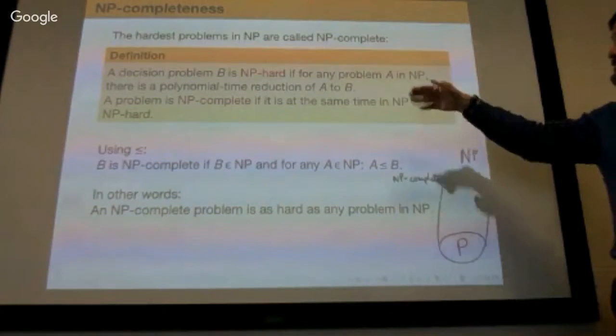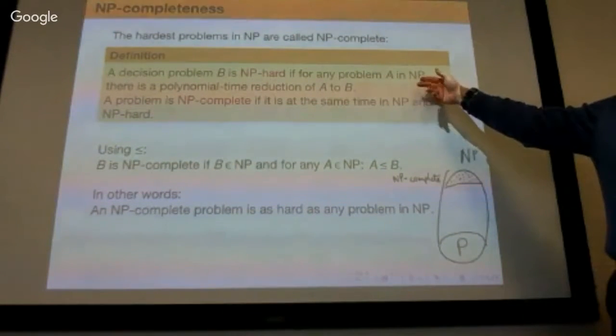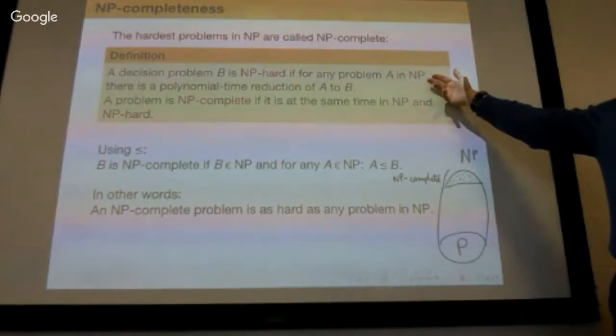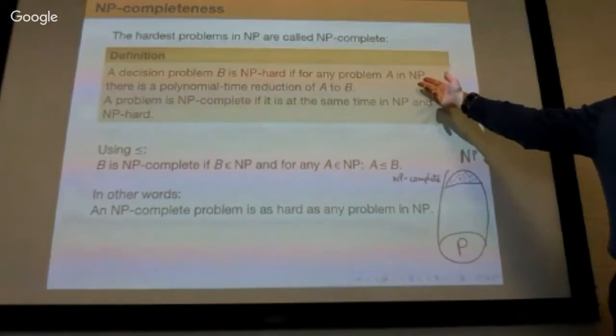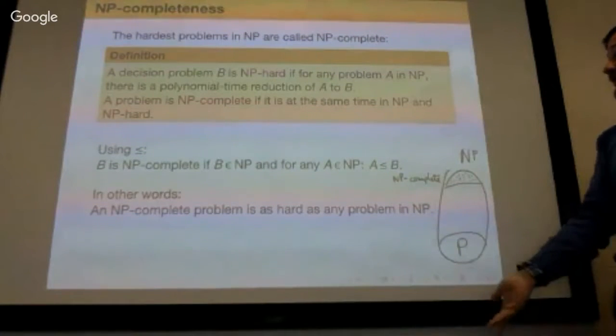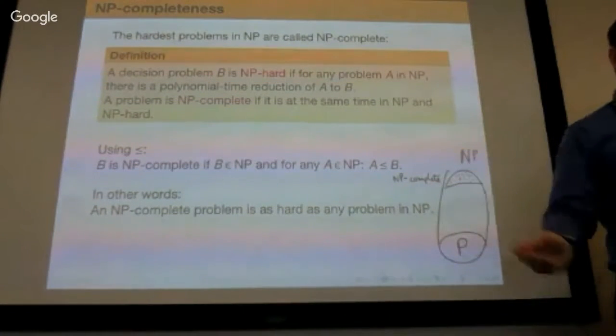How would you go about it? I mean, this doesn't look very nice as a proof. Look at all the possible problems in NP, which there are lots and lots.